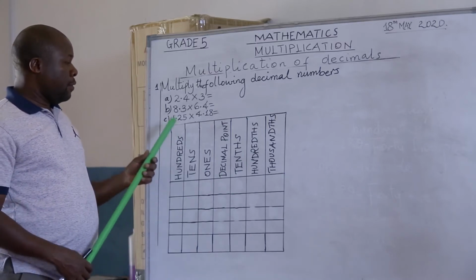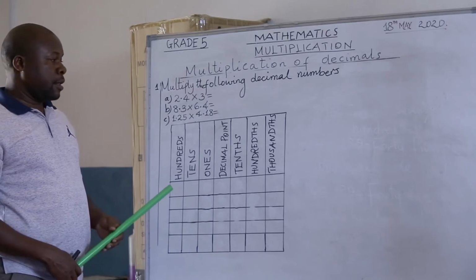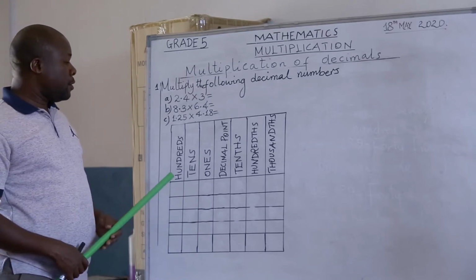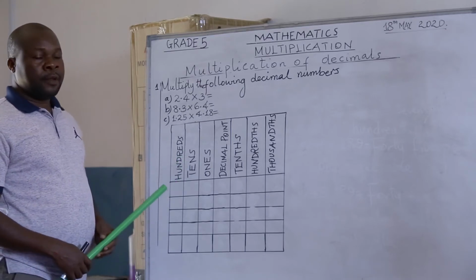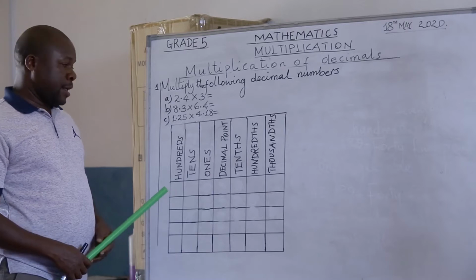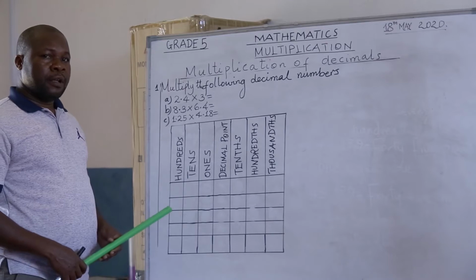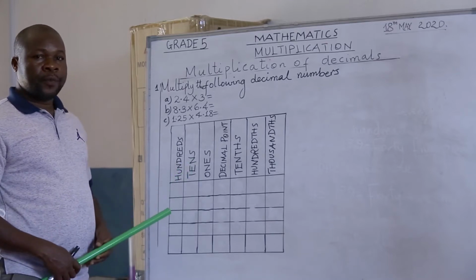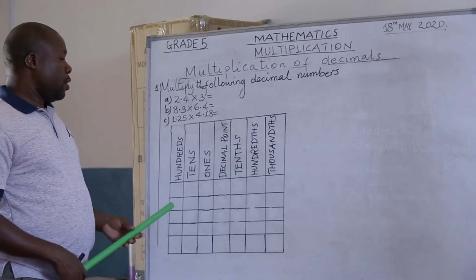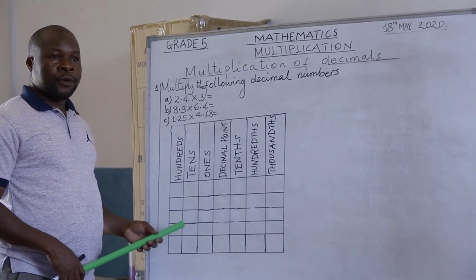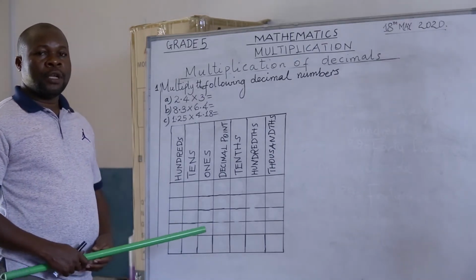Now, given the following task before us, we have been asked to multiply the following decimals. The place value chart will be very much important to us. As we learned earlier, the place value chart helps us identify the place value of each digit.